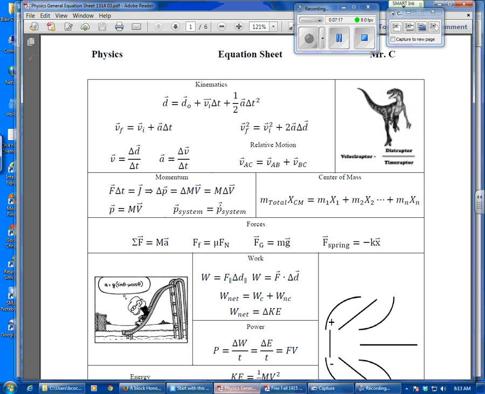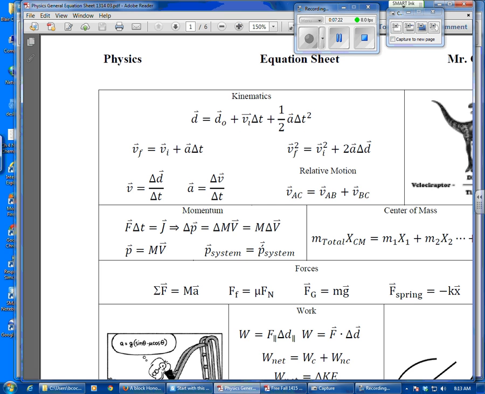I look at my equation sheet and ask which equation talks about moving from one place to another and has velocity, acceleration and time in it. Oh, we use this one.